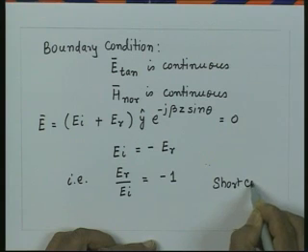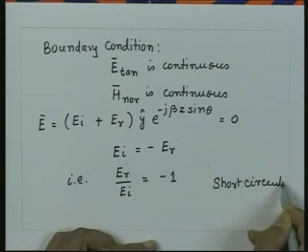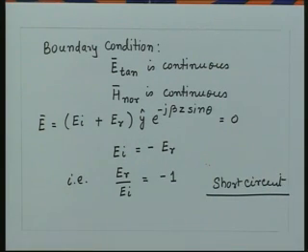When it reaches this ideal conducting boundary, the electric field is completely reflected from the boundary with a phase reversal, that means a phase difference of 180 degrees. So, this boundary essentially behaves like a short circuit in the transmission line terminology.